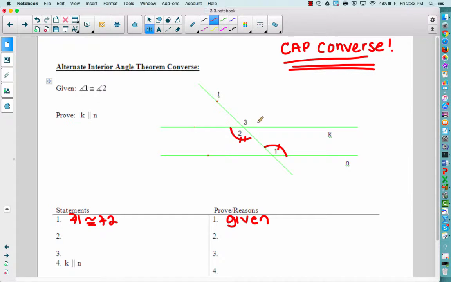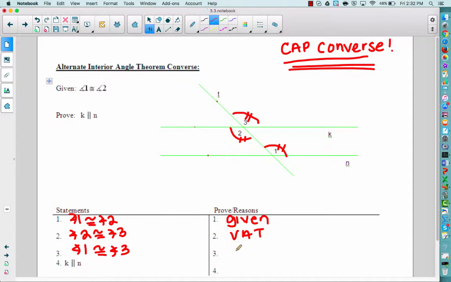I notice right away from the diagram, since I've used everything I can with my given, that I go to the diagram and I see vertical angles. So I see that angle 2 is congruent to angle 3 because of the vertical angle theorem. Now because of the markings, we can see that angle 1 indeed is congruent to angle 3.